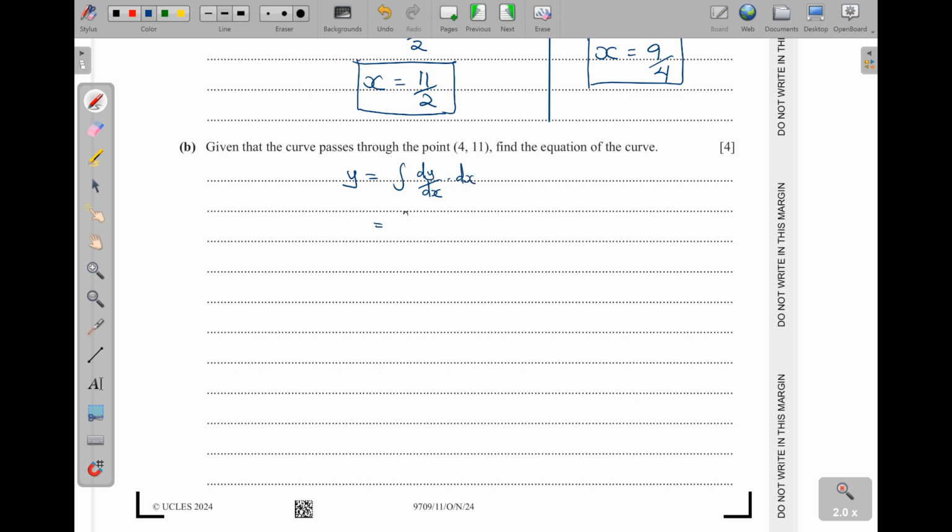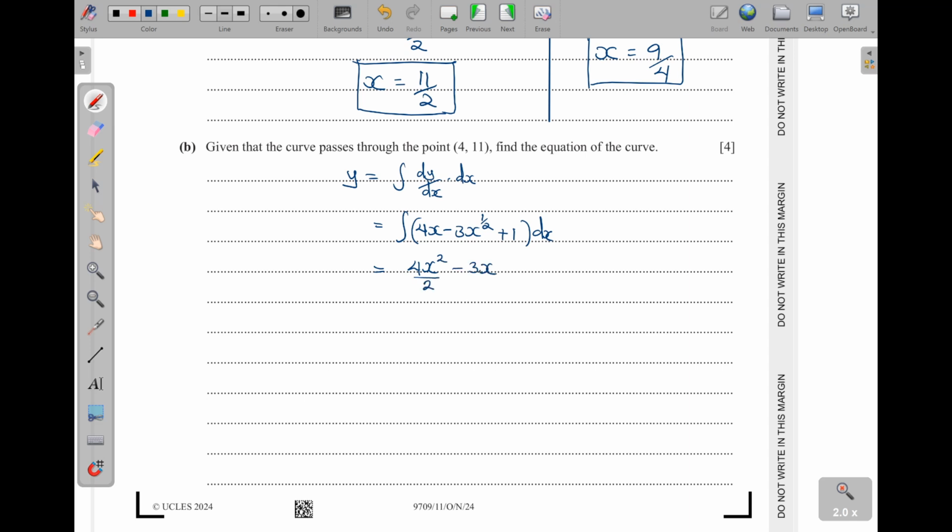So we are going to have the integral of 4x. Remember, we are given 4x minus 3 x power half. Root x is the same as x power half, then plus 1, with respect to x. When we integrate, we increase the power by 1. So 1 plus 1, you get 2, then divide by that new power.